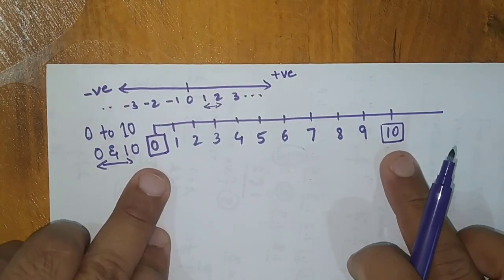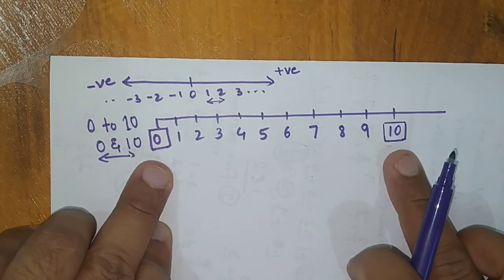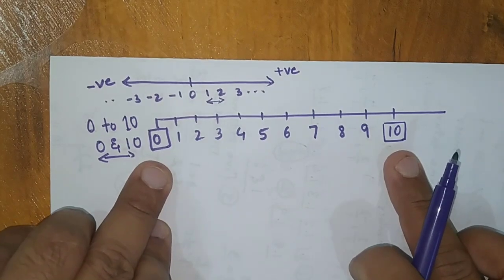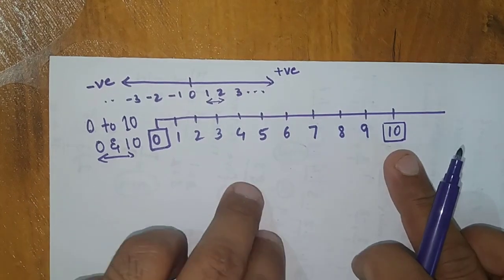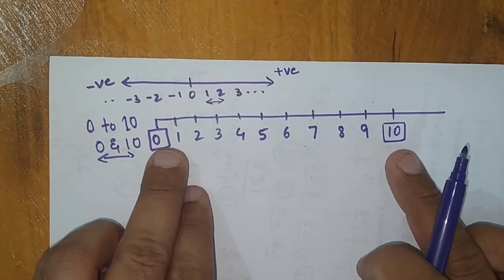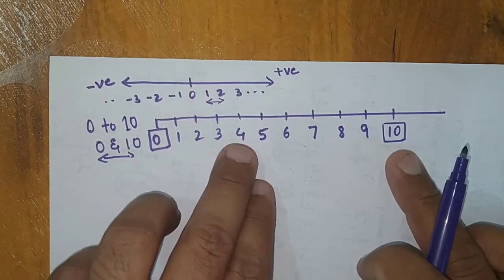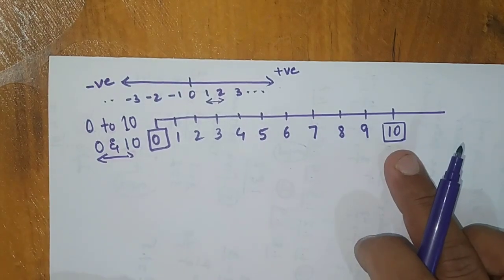I repeat once again, between 0 and 10, in the gap, you will find numbers 1, 2, 3, 4, 5, 6, 7, 8, 9. I hope you have understood very well.